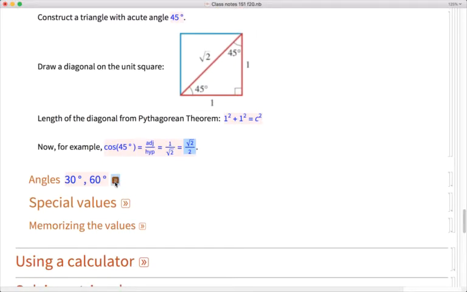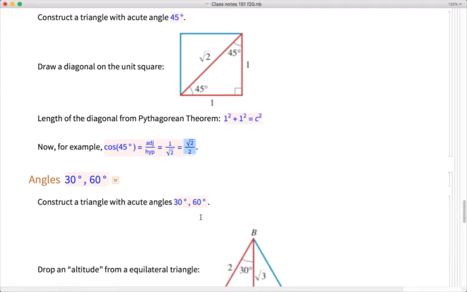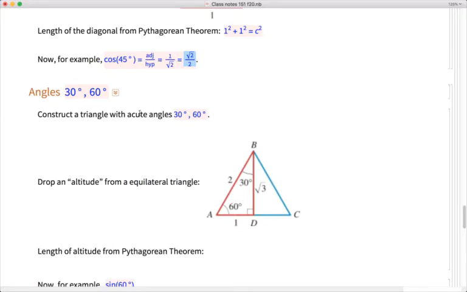Okay, the other 2 angles, well, the good news is they come together. Again, to compute the trig ratios, what we need to do is get a right triangle that has these angles as the acute angles. And the clever idea this time is to take an equilateral triangle that's 2 on each side and drop what's called an altitude.